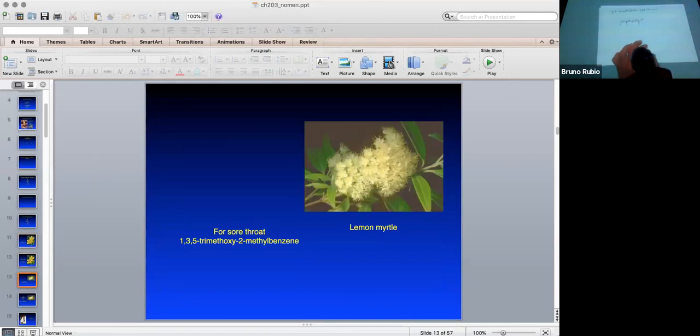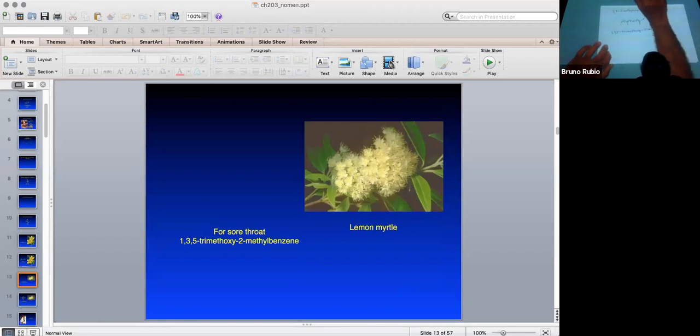Okay, so now let's try this one. 1,3,5-trimethoxy. Okay, that's an ether. Trimethoxy 2-methyl benzene.